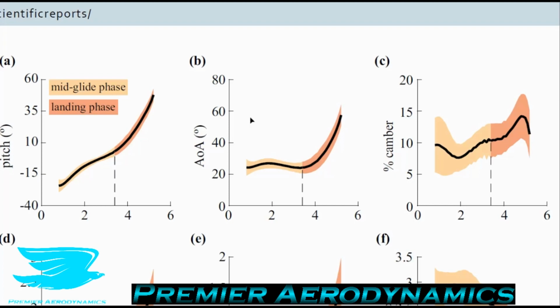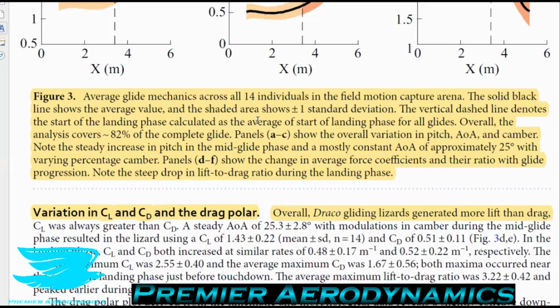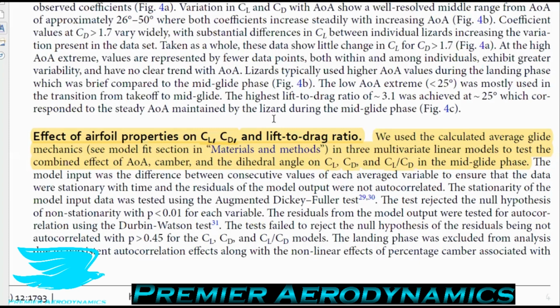So let's move on. They say the effect of airfoil properties on the lift and drag coefficients and lift to drag ratios. So they use the calculated average glide mechanics in three multivariate linear models to test the combined effects of the angle of attack, camber, and the dihedral angle on the lift and drag coefficients and the lift to drag ratios during the mid-flight phase.